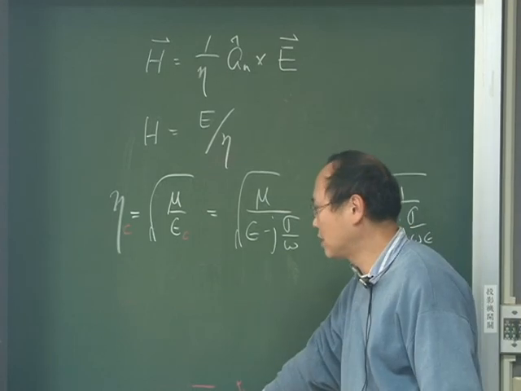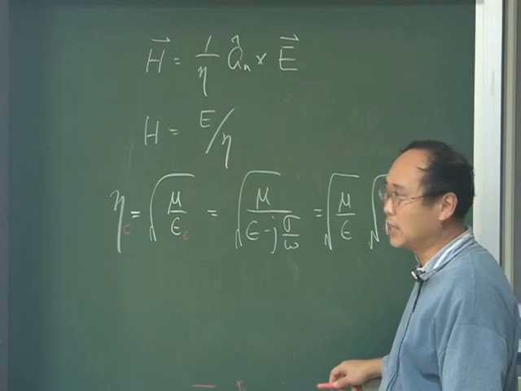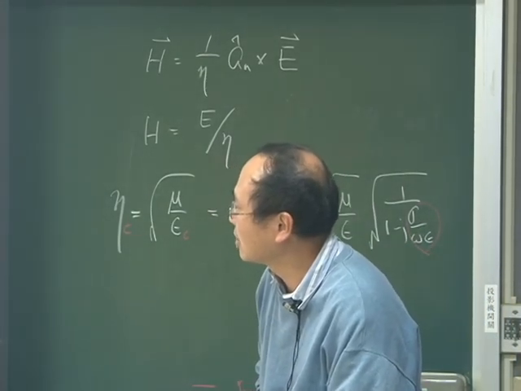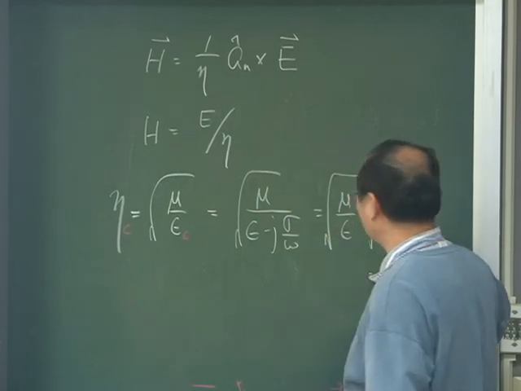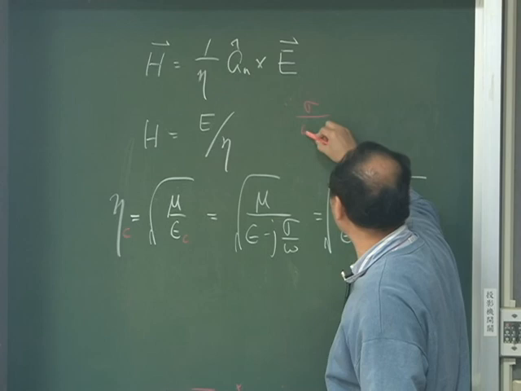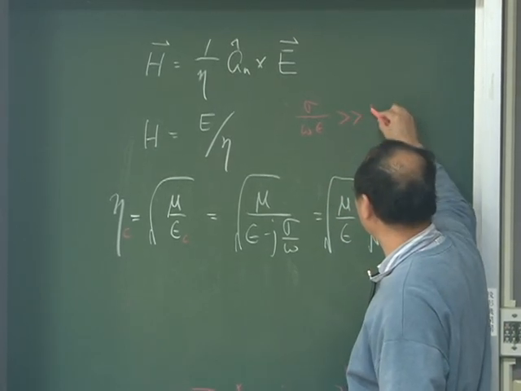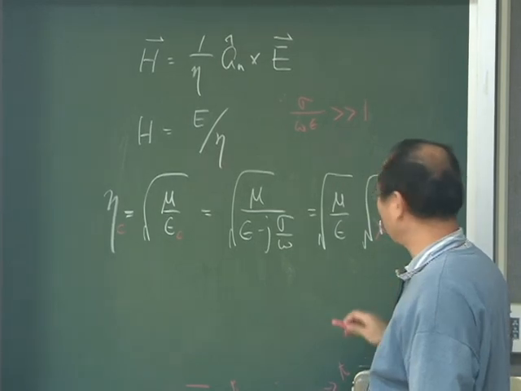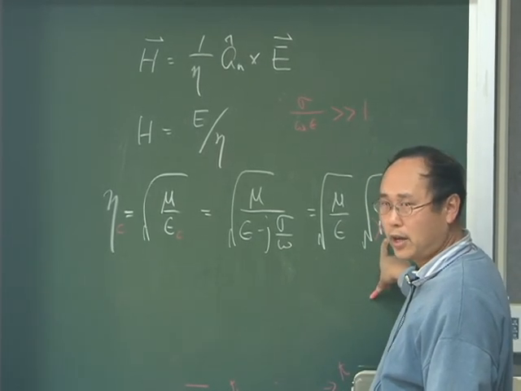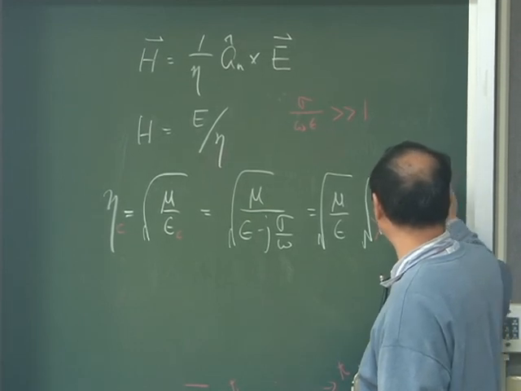Now, suppose that this term dominates for a good conductor. We have an assumption that this conductivity is very big. So we assume that sigma over omega epsilon is much larger than 1. So I can cross out this term. If I cross out this 1, this minus j becomes plus j right here.